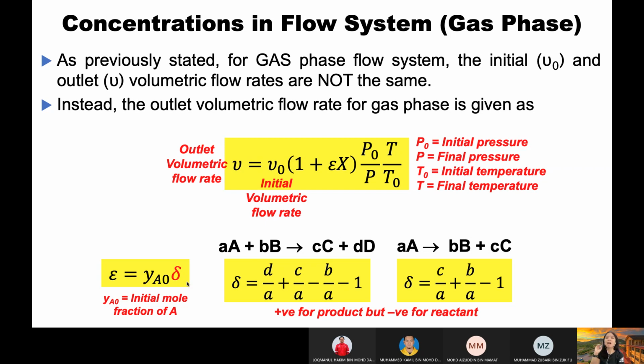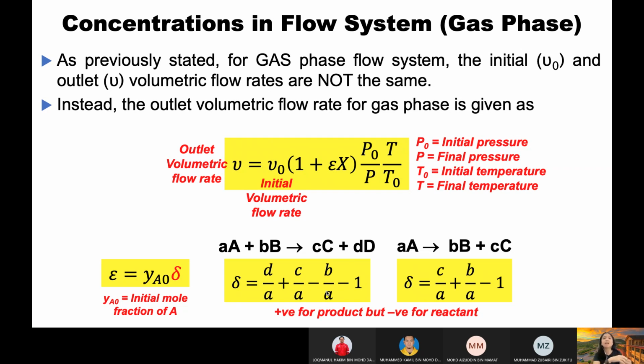And sigma pun ada lagi equation dia. So that's why memang that's the challenge of reactor design. So kalau kamu perasan subject reaction is one of the rare courses of 4 credit hours because reactor design is very complex.